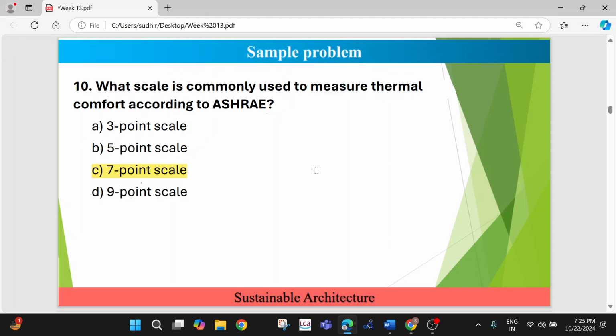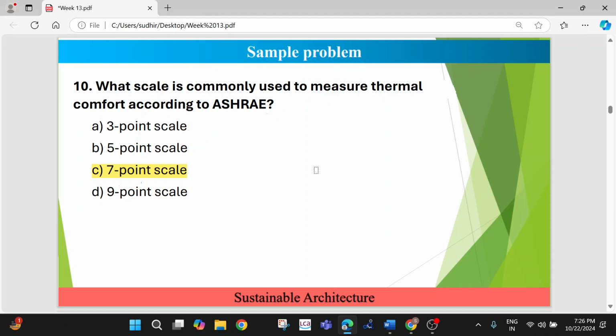7-point scale. This is used to measure thermal comfort as per ASHRAE, and it ranges from -3 to +3. So -3 represents the extremely cold situation, and +3 represents the extremely hot situation, and in the middle, I should say, 0 will be there, which represents the thermally neutral state.